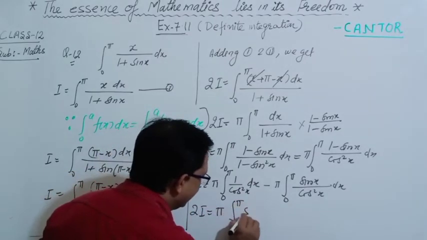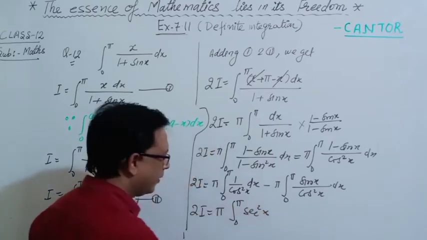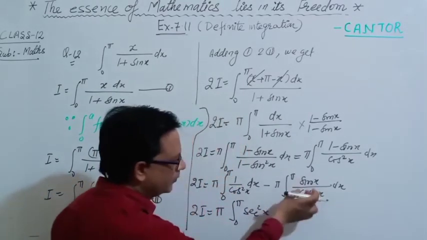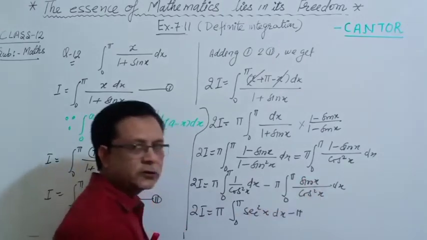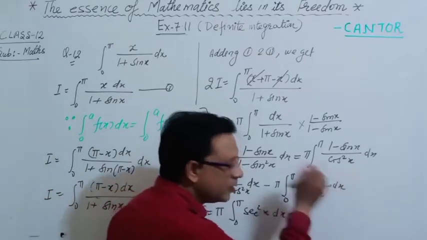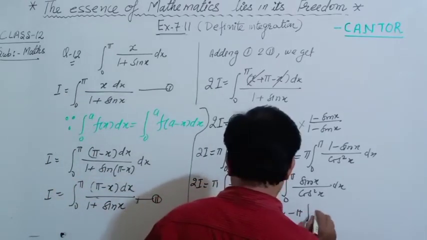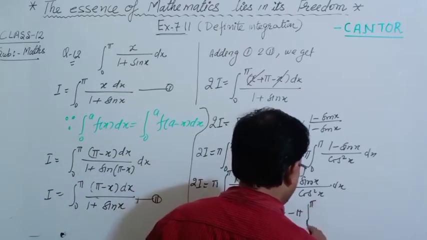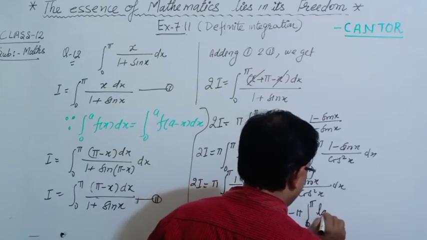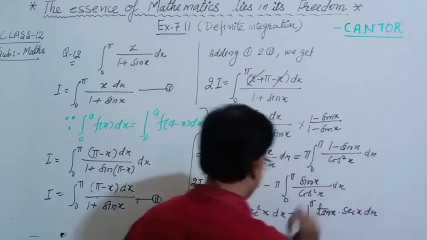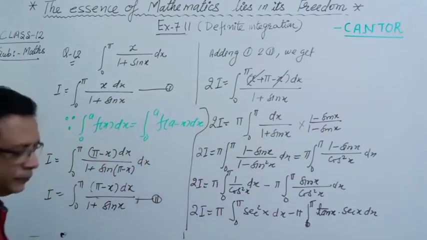This is secant square x dx, minus pi times, and now look, sin x upon cos x is tan x, and one cos x is left, so it becomes secant x. So this is pi times the integral from 0 to pi of tan x times secant x dx.